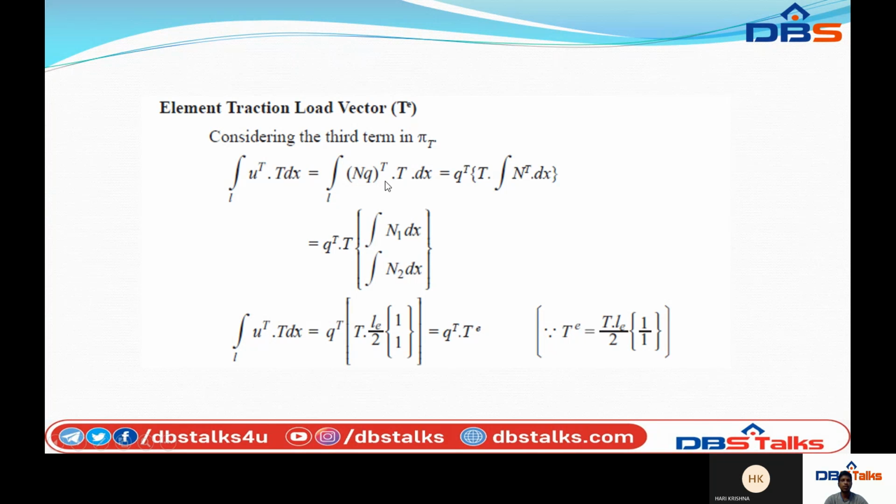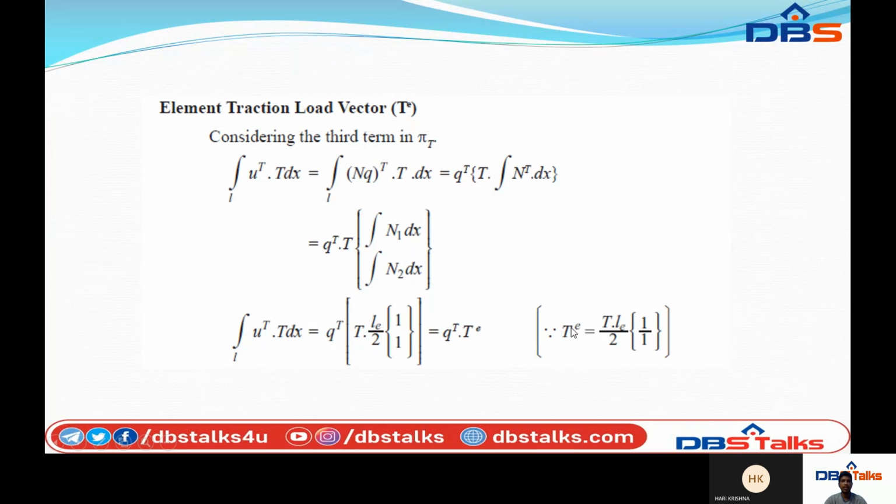In terms of dx, I'm taking Q transpose as common and then integrating the term N transpose dx. Similar to the element body load vector, here also Q transpose T into the integral of N1 dx and the integral of N2 dx. Then the integral over L of U transpose T dx equals Q transpose into T.